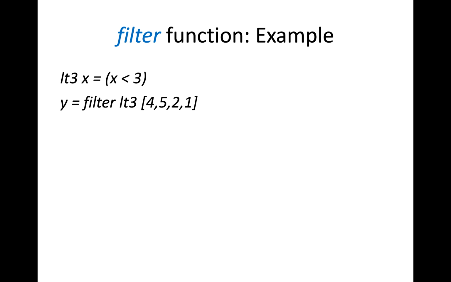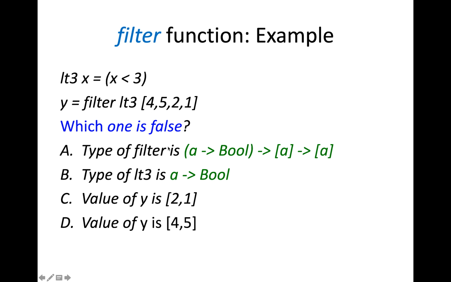Okay, another example, lt3 x is x less than 3. So given a parameter x, lt3 checks whether x is less than 3. Filter applies lt3 on this list. So the type of filter, as before in the previous slide, will be this, with lt3's type, which is this one, right?